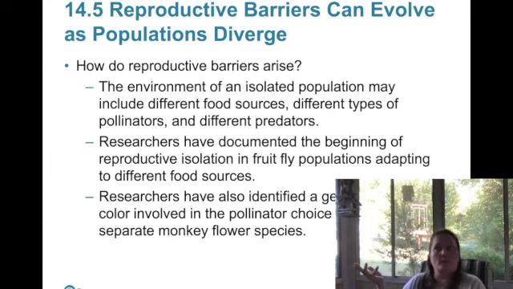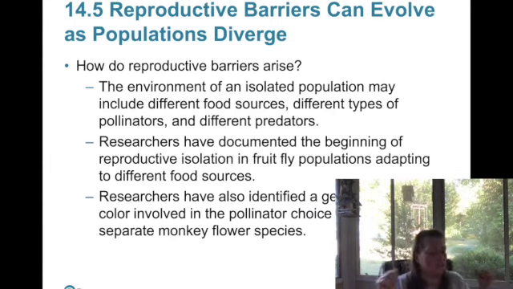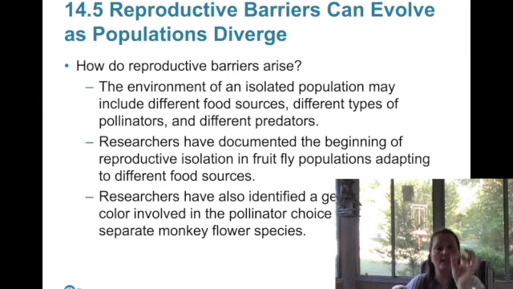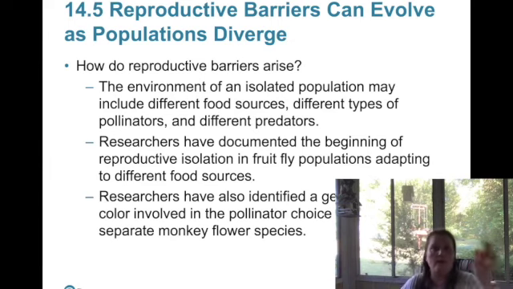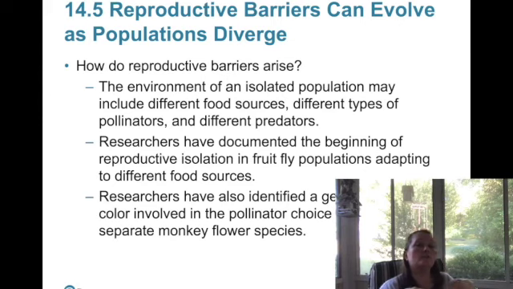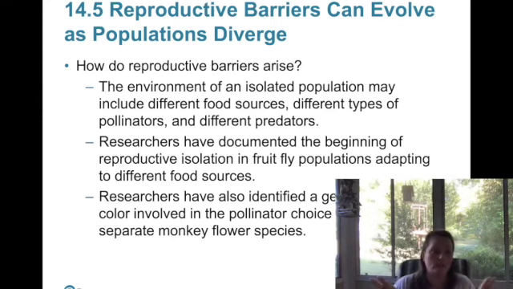I want to say it started with an M, maybe it was molasses, I'm not sure. But what they found were the fruit flies that fed off of this, like type A, ended up reproducing almost exclusively with the other fruit flies that had the same diet, same with the others. So they were showing that just the food source can completely separate them, even though they're just fruit flies.